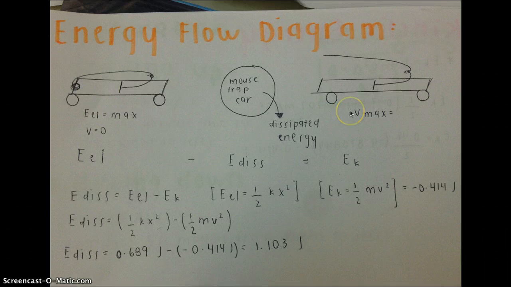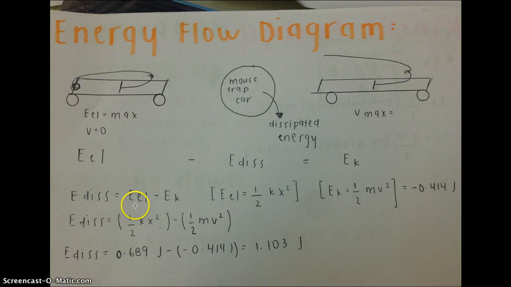And our third part in motion is when the car is at its maximum velocity, which is defined by kinetic energy. Okay, so continuing on, this third part in motion is when the car is moving and the spring loses its elastic energy and it now has kinetic energy because it's moving and it has maximum velocity. So if we isolate E dis on one side of the equation, we have E dis equals elastic energy minus kinetic energy.